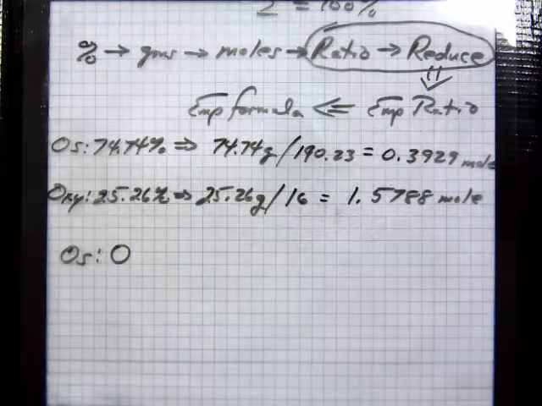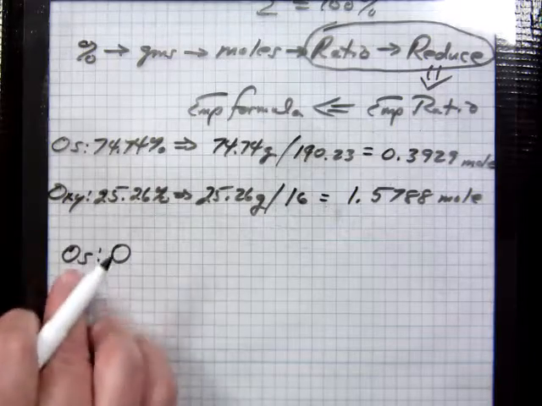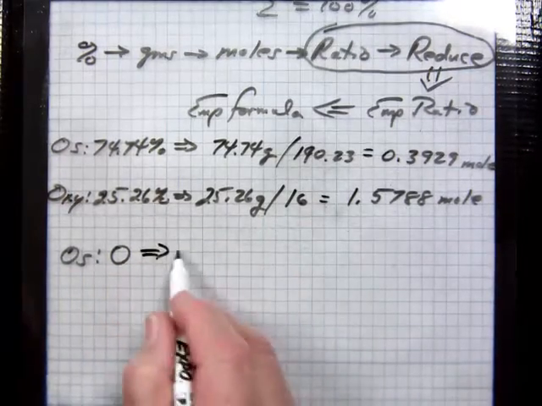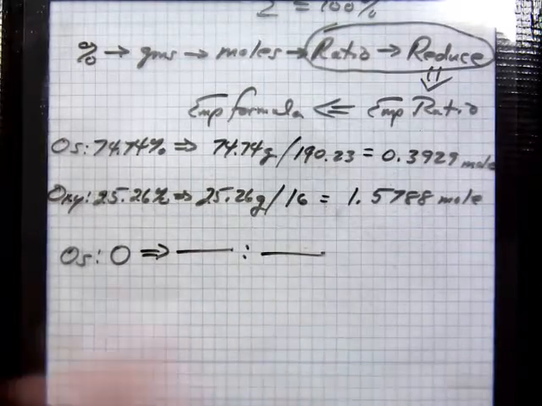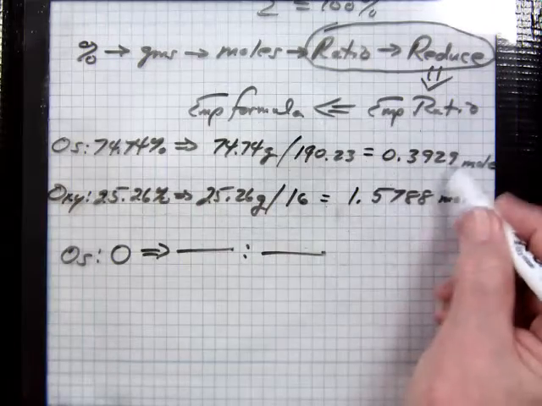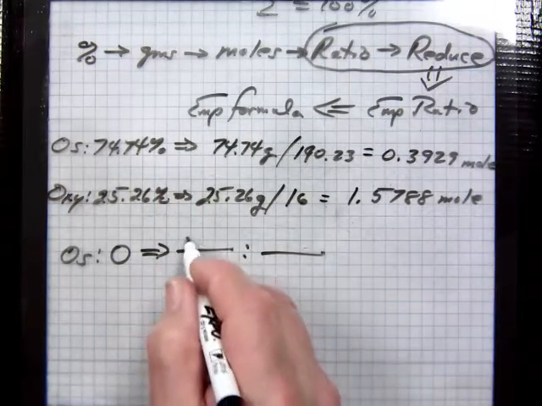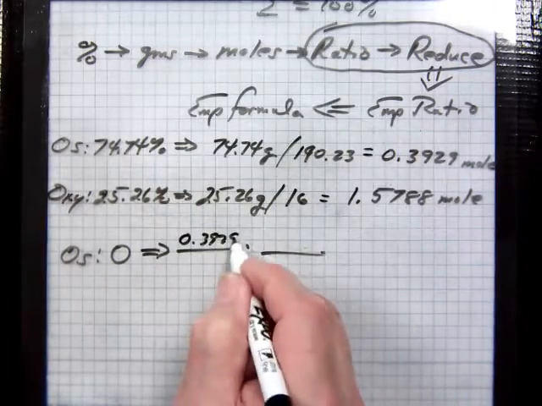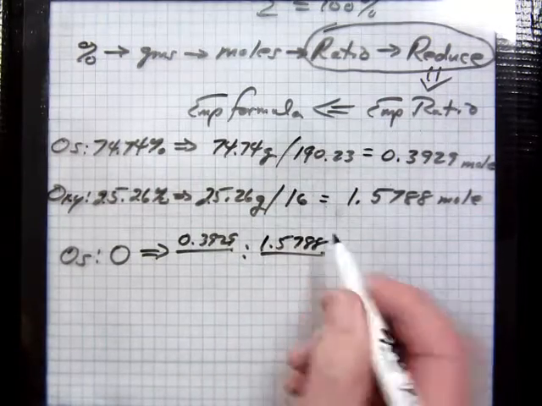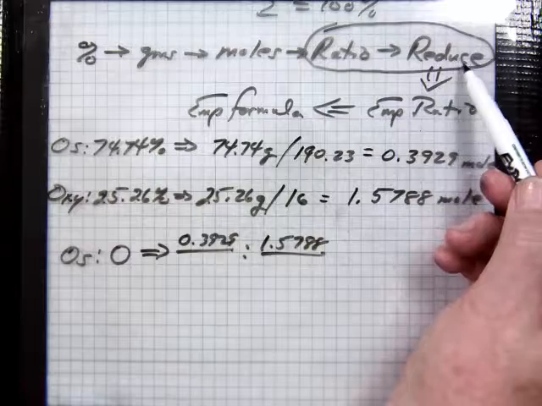If you had three elements, you would have element A, B, colon, C, and so forth. But it's a blank, colon, blank, like that. On the top, you put whatever mole values you have, 0.3929 and 1.5788.